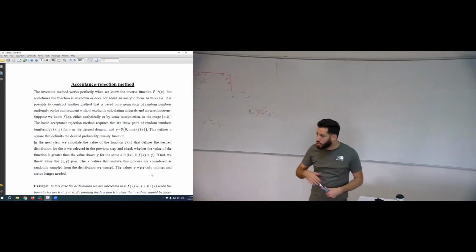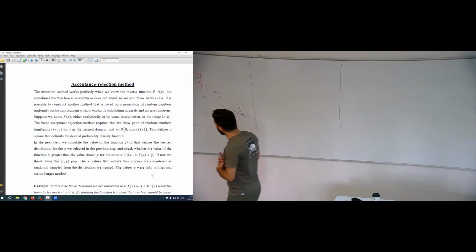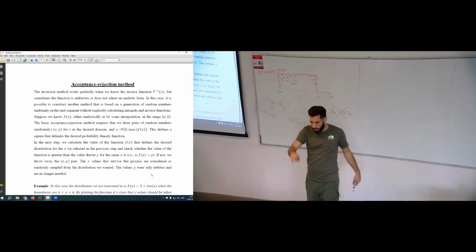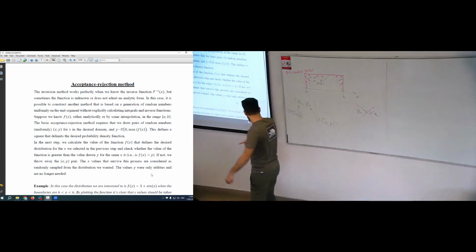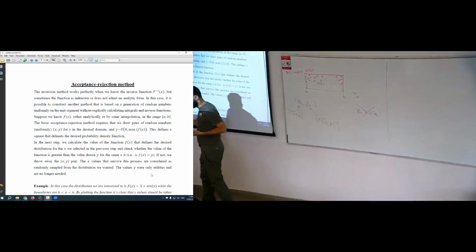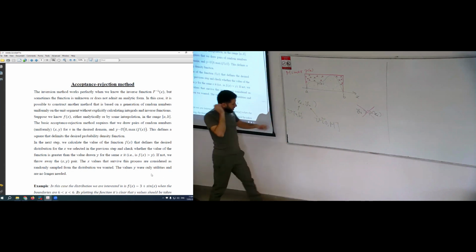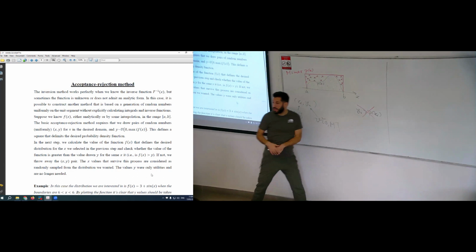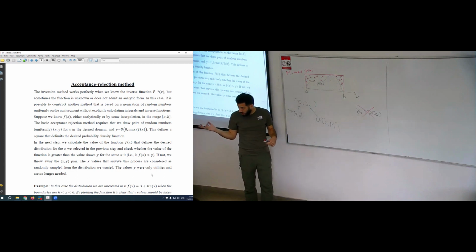Okay. So I described this using many points, but it's also true for one. If you take 1 point, xi, yi, and if the yi is bigger than p of xi, you drop it, then the x is distributed as you want it.